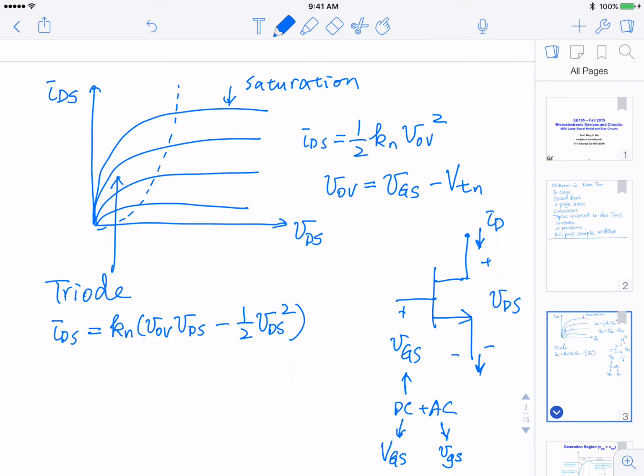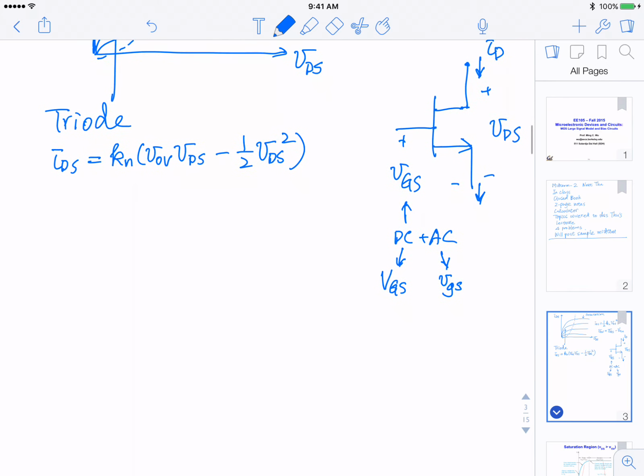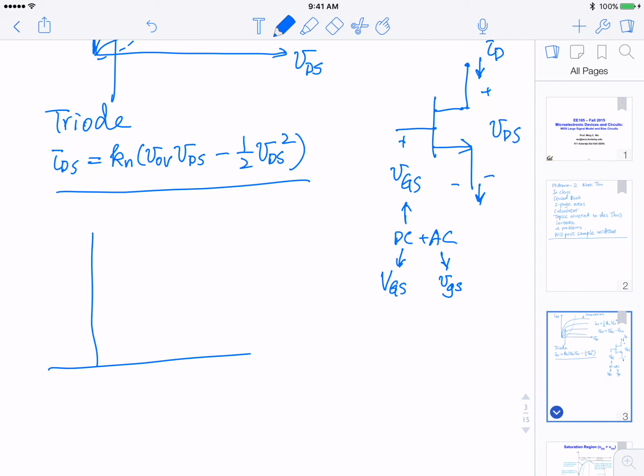Now for those of you who forgot your algebra, let's look at this curve in more detail. This curve has a negative sign, second order polynomial. So it's a parabolic curve, okay? And the parabolic curve passes through 0, 0. So we know when VDS equals 0, IDS equals 0. So it passes through the origin here. This is IDS. This is VDS.